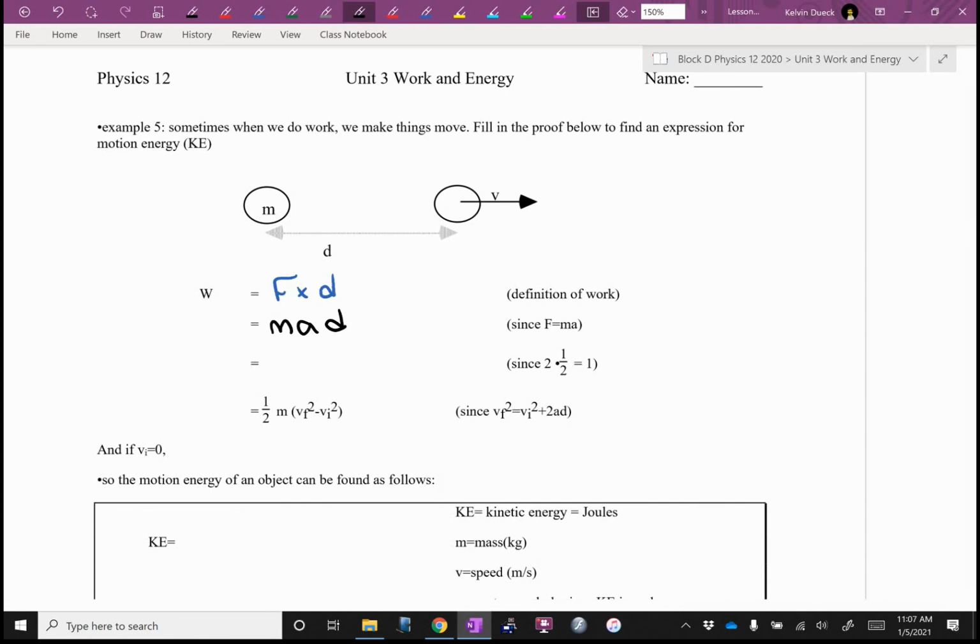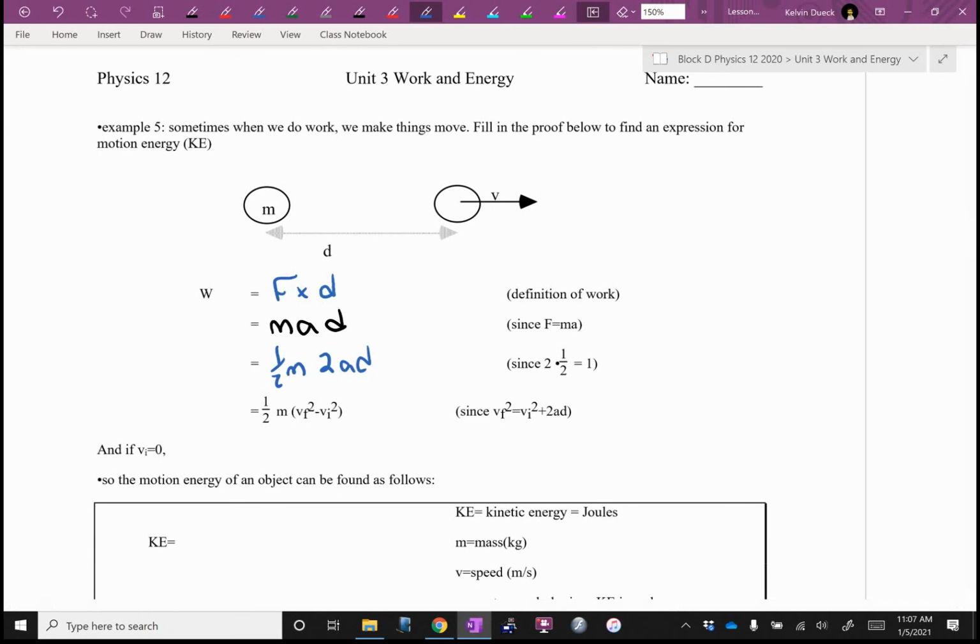I'm going to multiply by 2 and multiply by a half. And the reason is 2 times a half is 1, so I'm not changing anything. I'm going to put a 1/2 in front of the M and a 2 in front of the AD. That's the same equation as MAD.